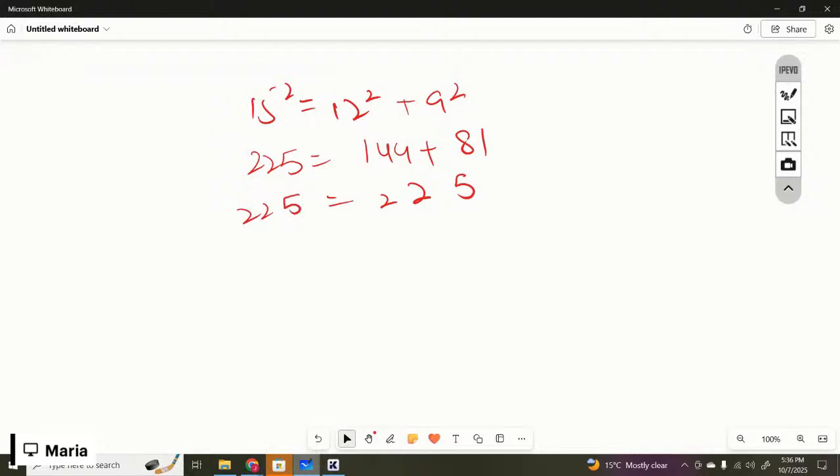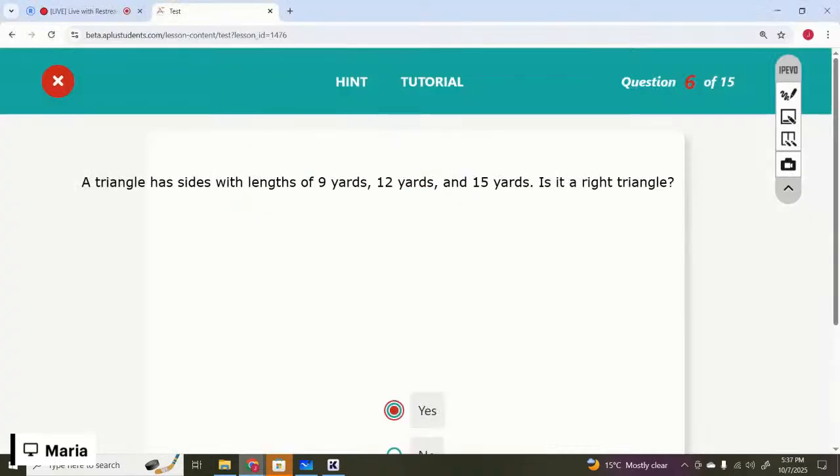The correct option is yes, it is a right triangle.